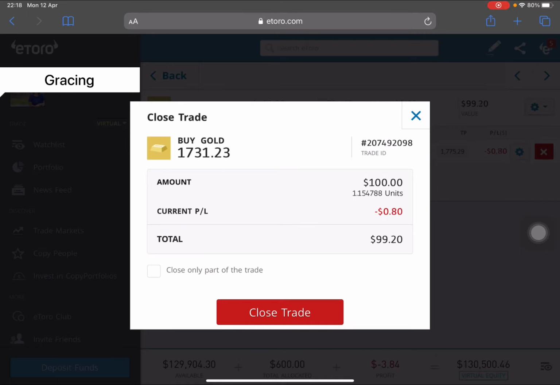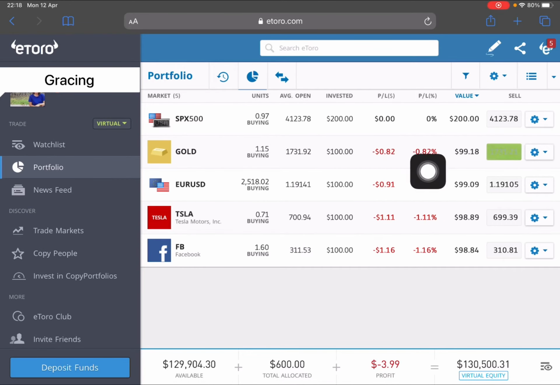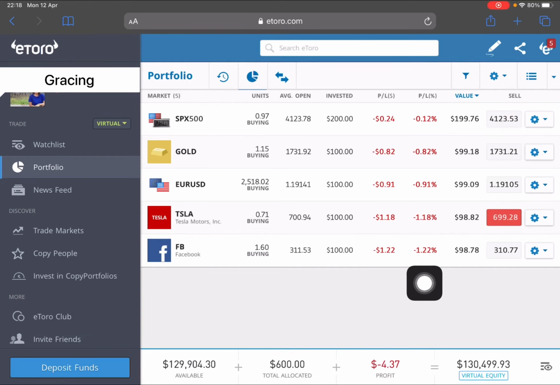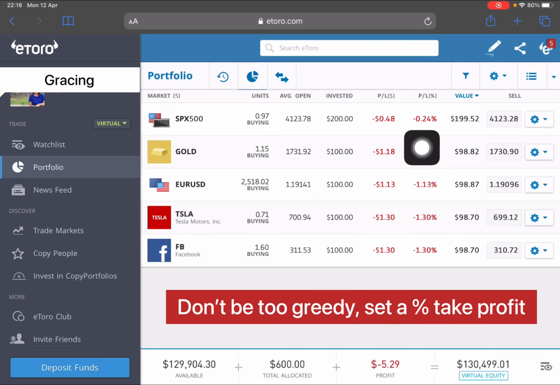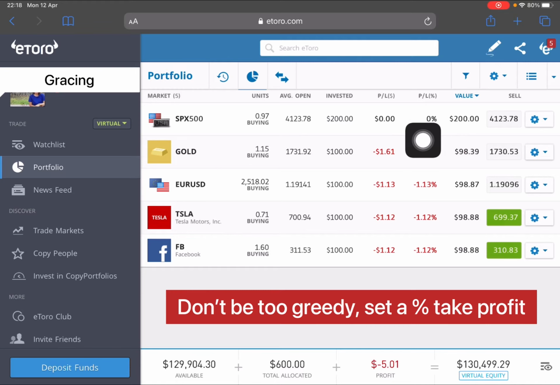Just imagine, guys, if I tolerate 50% loss, of this 100 you will immediately lose 50 US dollars. So I always make sure that my loss will not be more than 5%. And if this becomes profit, like green, my tolerance here is 10%. I don't want to be greedy, but my target for day trading is only 10%.